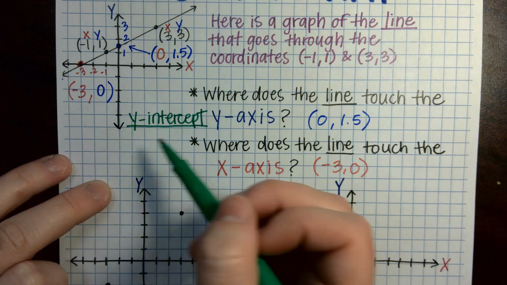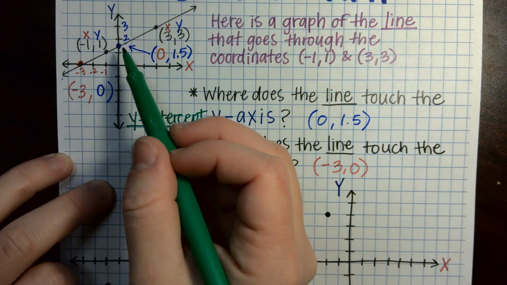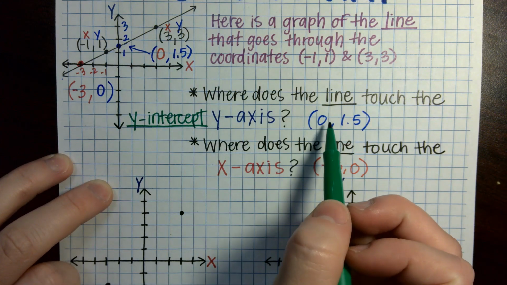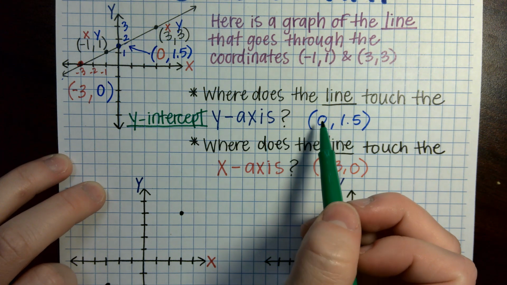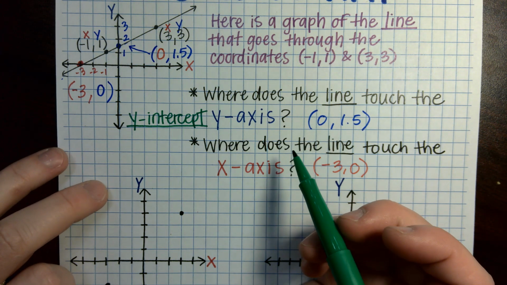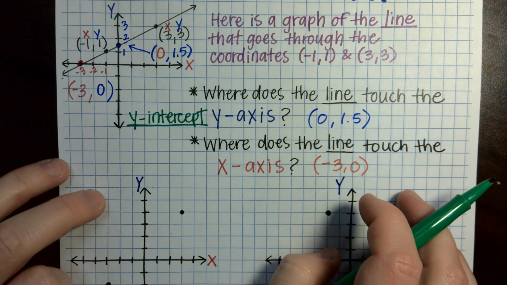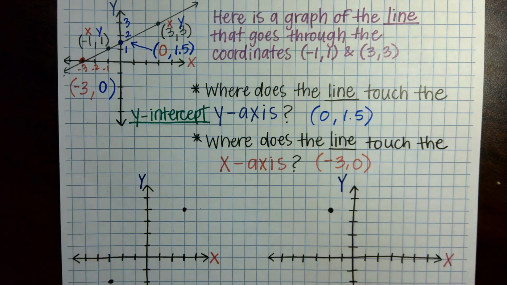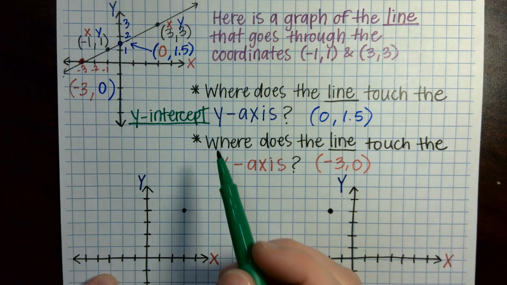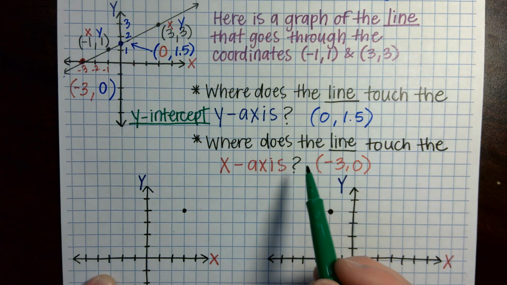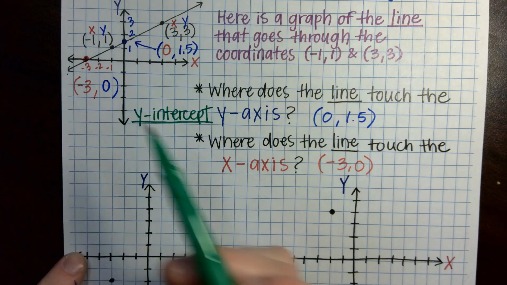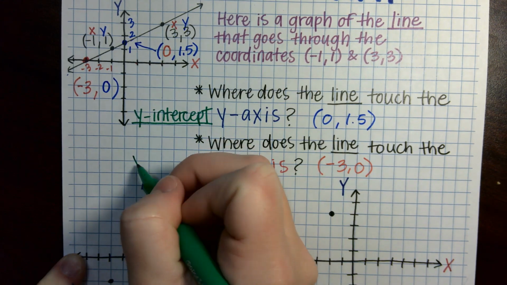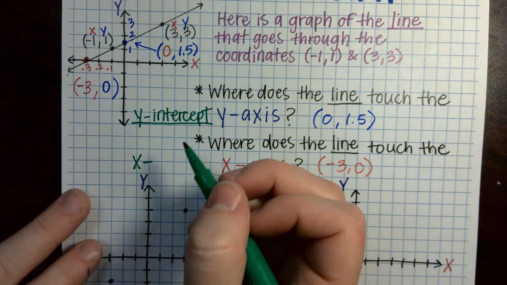And whenever we find out where the line is touching the y-axis, just like we saw here, our x value will always be 0. And we'll talk more about that later. I don't want you to just memorize it. We'll make sure we understand why that is. Now, our point that we found, -3, 0, where our line touches the x-axis, similar name, we call that the x-intercept.